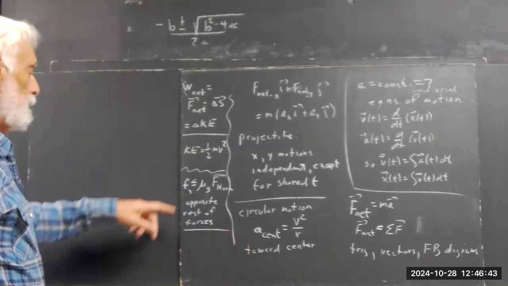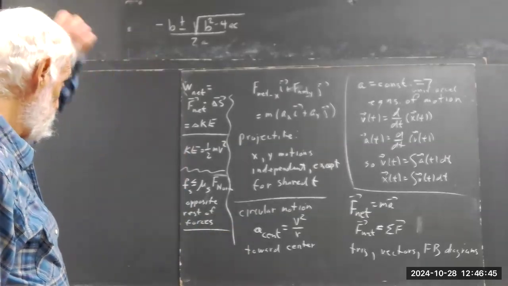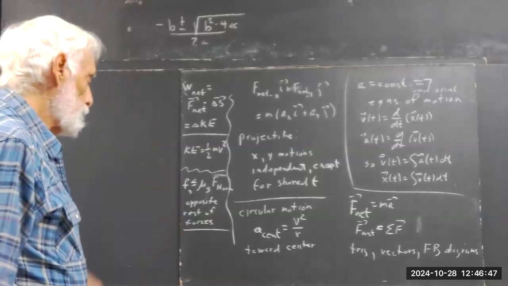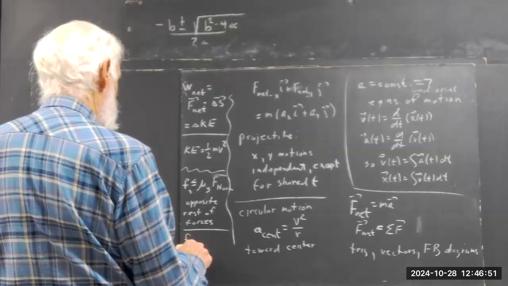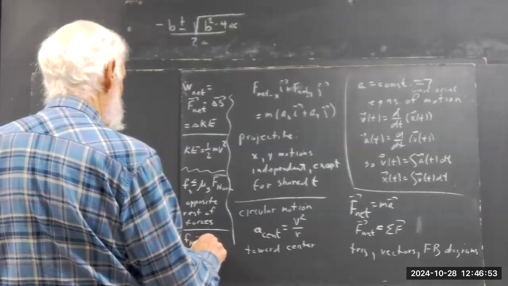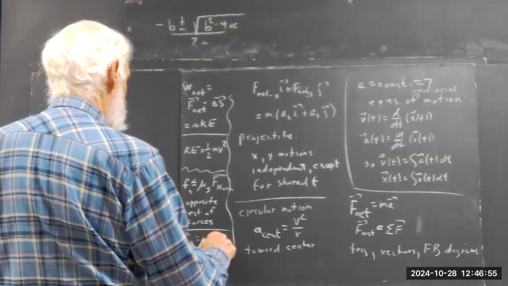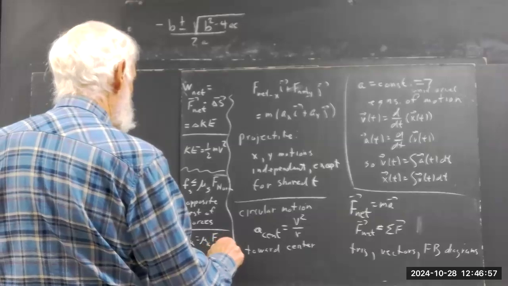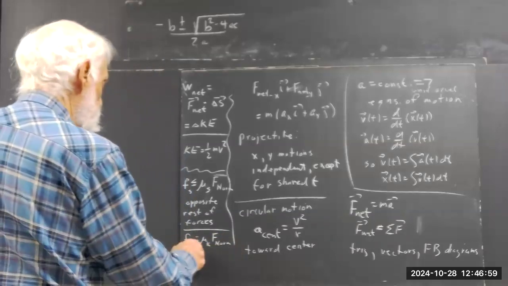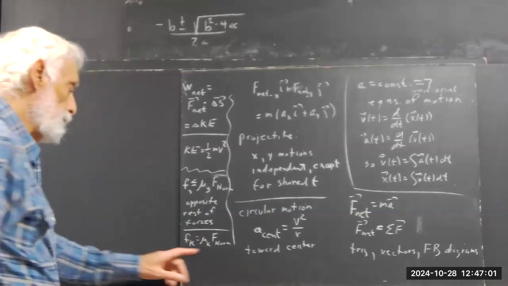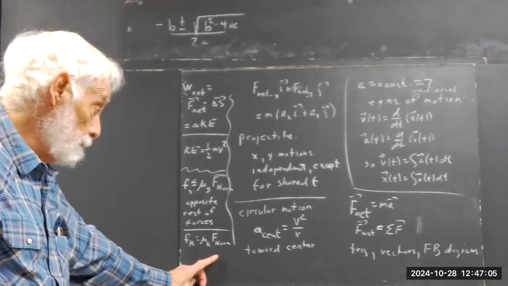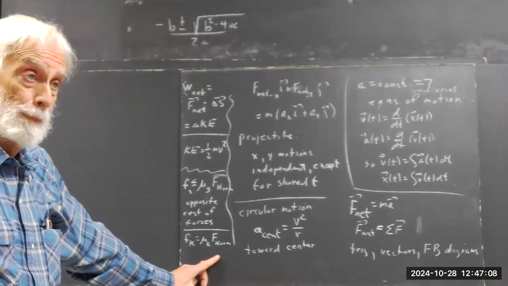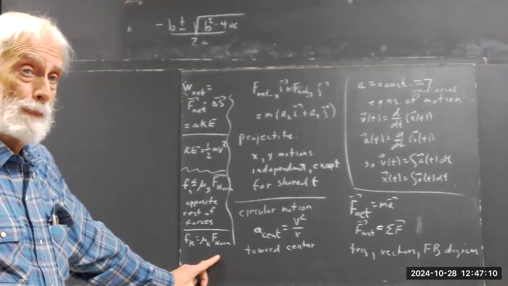It's opposite when you add up all the other forces other than the friction. Kinetic friction equals the coefficient of kinetic friction times the normal force.